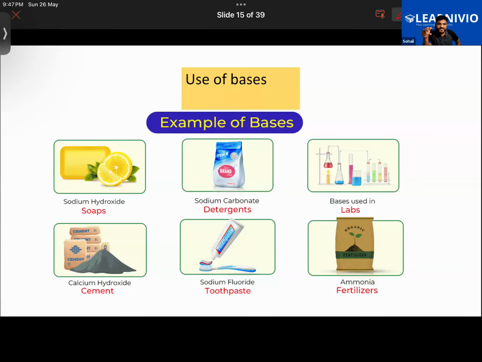Okay. So if you rub it against the wall or brick, it will start coming off as a powder, right?